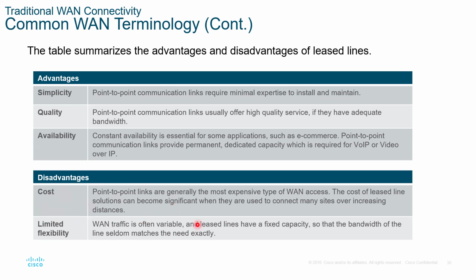Point-to-point links are generally more expensive. The cost of leased line solutions can become significant when they are used to connect many sites over increasing distances. WAN traffic is often variable and leased lines have fixed capacity, so the bandwidth of the lines seldom matches the need exactly. So that's another disadvantage.